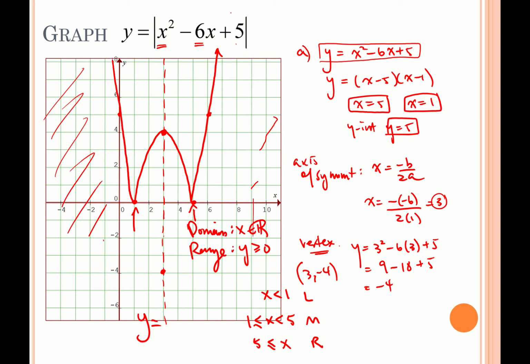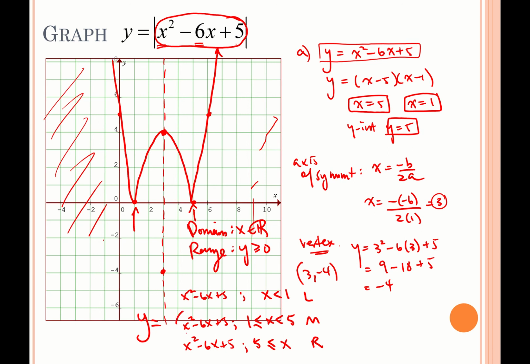Now what we do next is you look inside the absolute value. Here's the equation, and I'm going to write that equation in all 3 steps. So x squared minus 6x plus 5, semicolon, x squared minus 6x plus 5, semicolon, x squared minus 6x plus 5, and a semicolon. And now you ask, which part was flipped upside down? The left, middle, or right? And the answer was the middle.